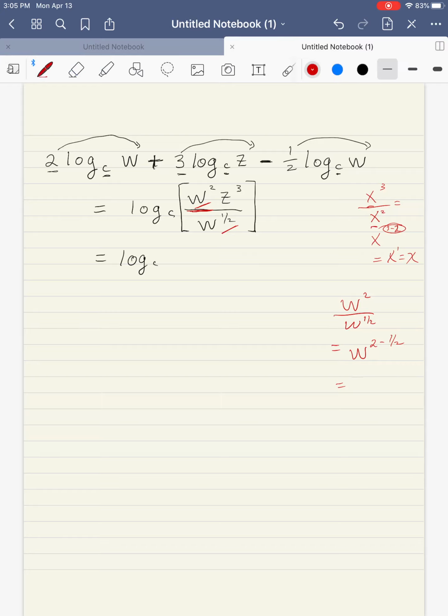Well, 2 is the same thing as 4/2, minus 1/2, which is w to the 3/2 power. So coming back over here, logarithm base c, w squared over w to the 1/2 is w to the 3/2, and z cubed doesn't change.